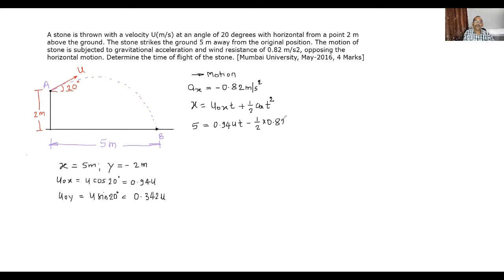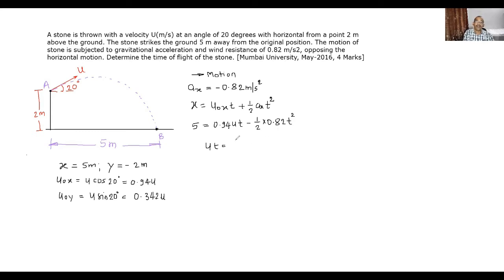0.82 t square. That means now the equation you are getting has one term in t square and the other term in ut. From this, to find ut, we take the term half of 0.82 t square to the left-hand side and add 5.